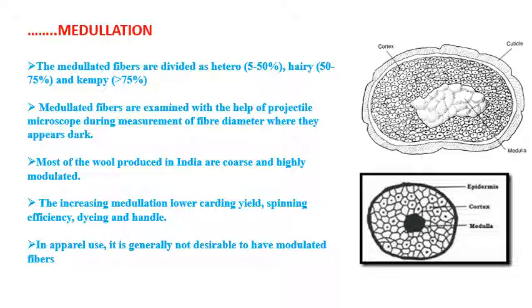So due to the presence of medulla, it is less useful or less suitable for making garments or textiles. It will reduce these qualities, including the handle, meaning the feeling of the product. In apparel use, it is generally not desirable to have medullated fibers. As I mentioned, apparel means making clothes or garments. So in such cases, if the medulla is more, such fibers cannot be used.